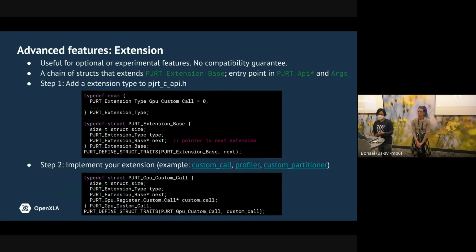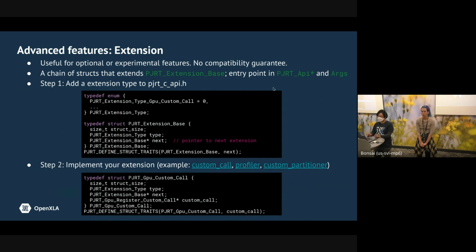Now I'm going to cover 2 advanced features. The first one is the extension. Extension is useful for optional or experimental features, and there's no compatibility guarantee for these extensions. It will be a separate contract from the PJRT APIs. Each extension extends this PJRT extension base, and then you will have a pointer to go to the next extension, so it will be a chain of extensions.